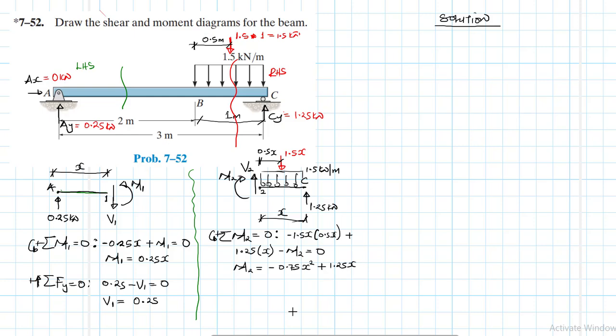Right. Is that what we have? So we have minus 0.75x squared plus 1.25x. Great. This is a polynomial of degree 2, right?